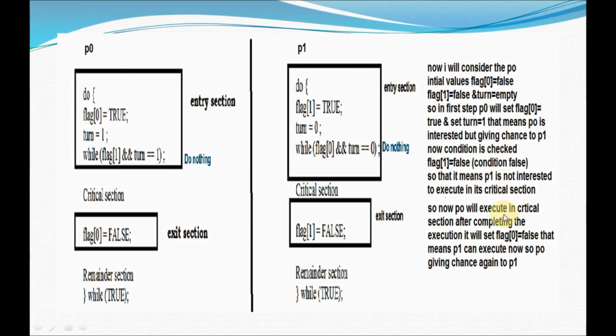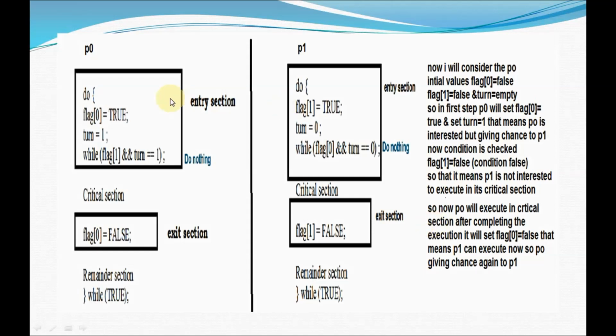How is it giving the chance? When flag 0 is set to false, you can see here that P1's flag 0 condition becomes false. Flag 0 is false, so the condition fails and P1 enters its critical section. So the third condition is preserved here.